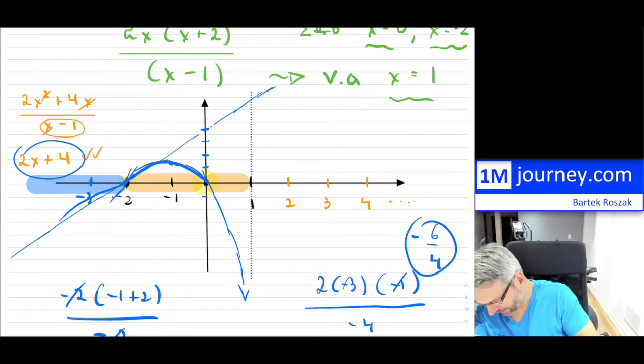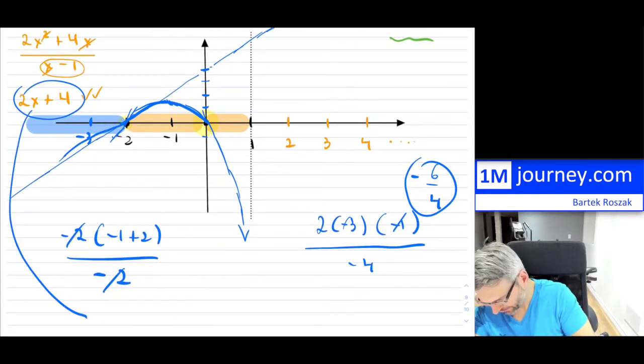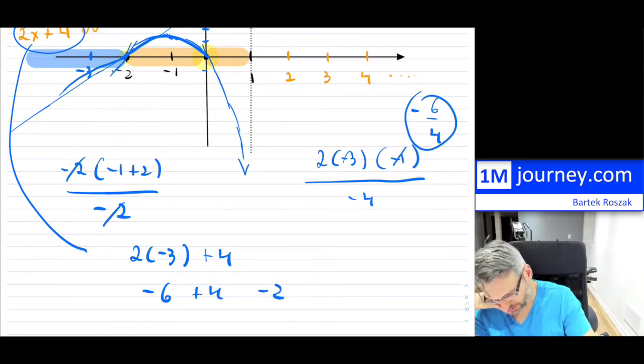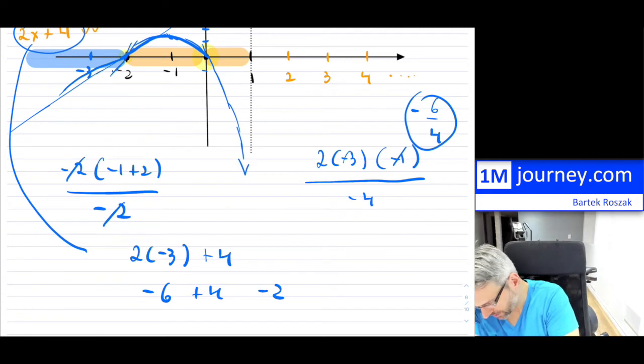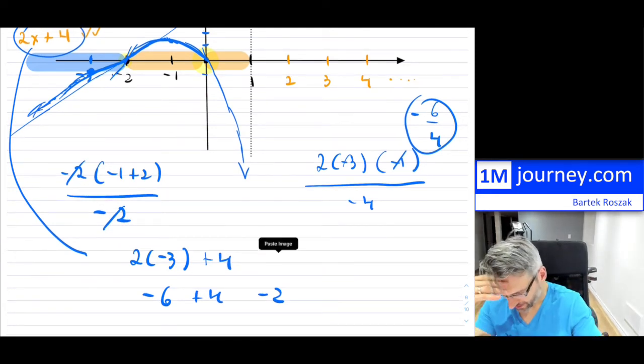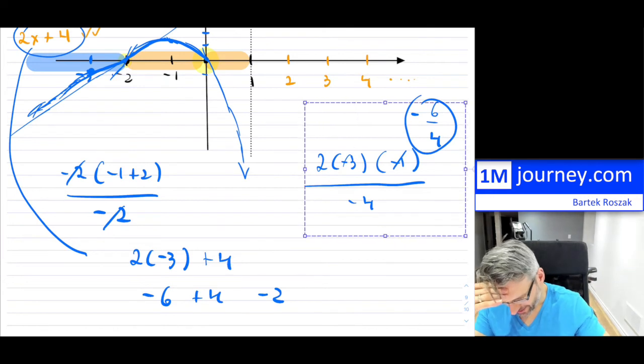Okay, and so at the line, 2 times negative 3 plus the 4, so what is that? Negative 6 plus 4 is negative 2. Okay, which is lower. So this is going to be higher. So it goes through here. So it goes high. So it goes like this, and then tends towards that. That's what it looks like it's going to happen. Okay. This is kind of fun.